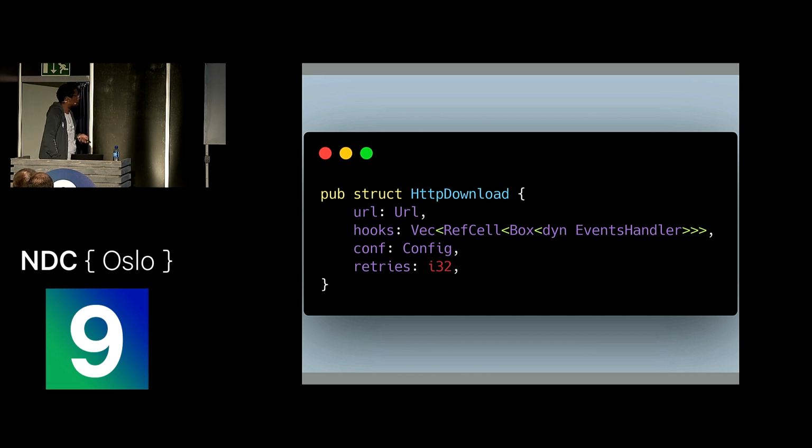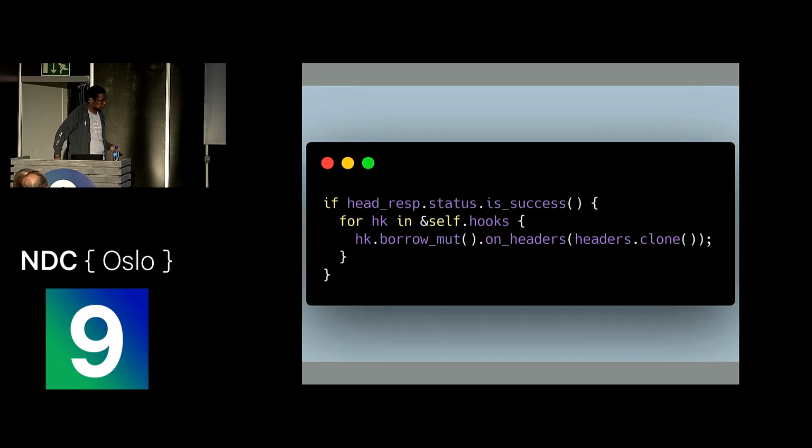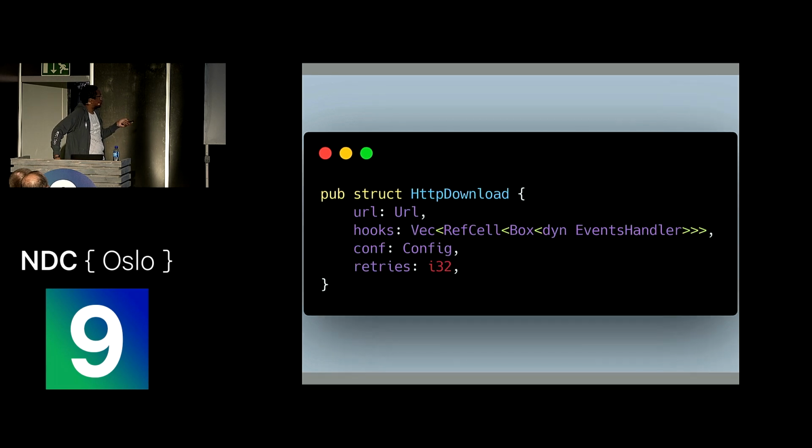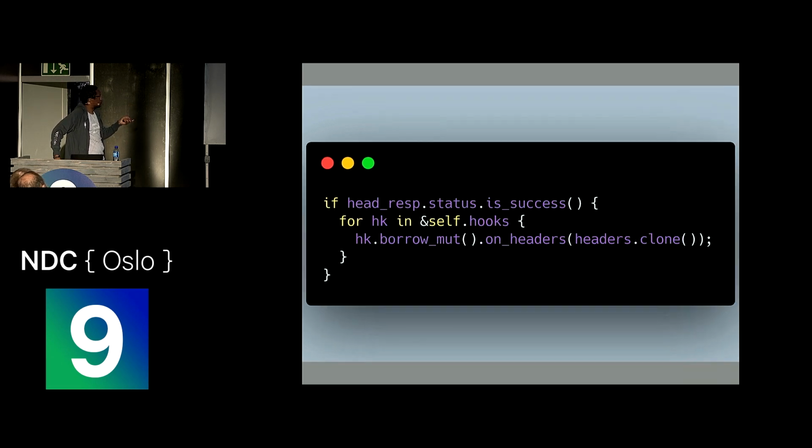into this struct. The idea here is that, in this case, we want to give events when we are doing a download. And how we do that is, this is where we are now using our hooks, which was this vector.